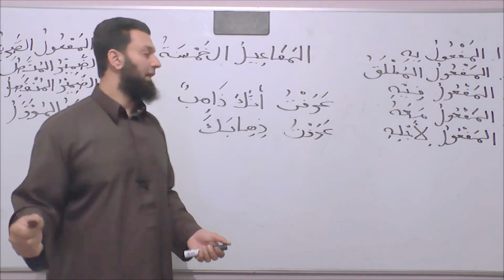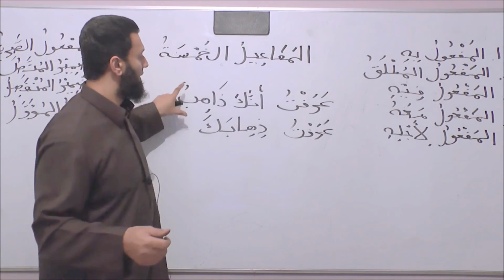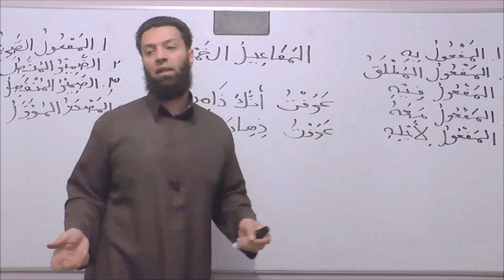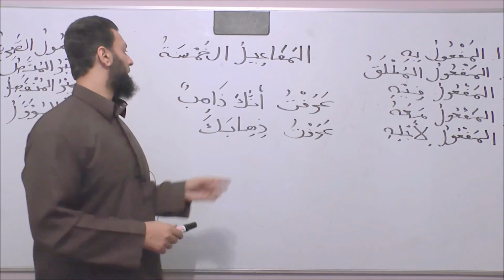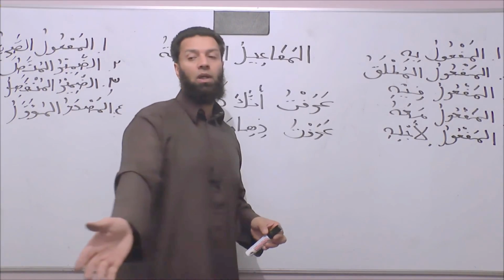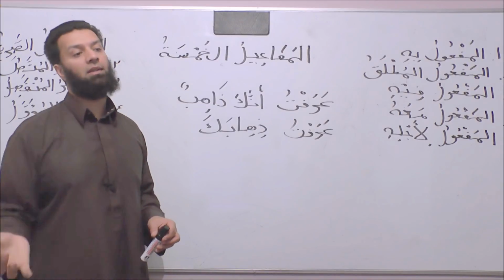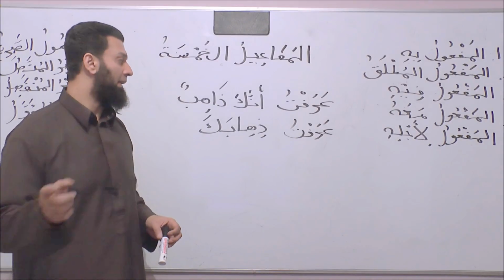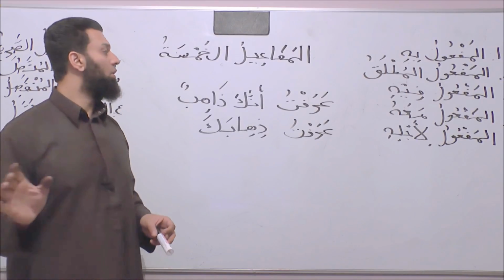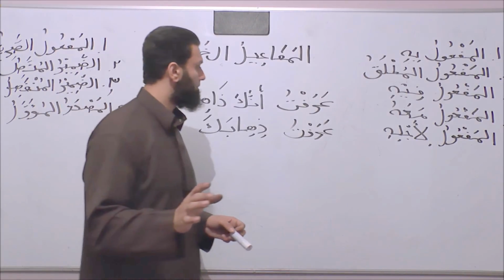Now, because that is a sentence in effect, isn't it? That is al-jumlatul fi'liyah. We can't say that here أنك ذاهب is mansubun. So we have to say, right, في محل نصب مفعول به.